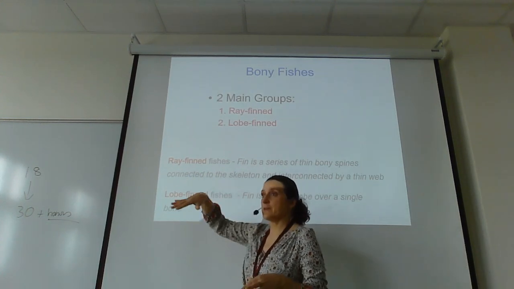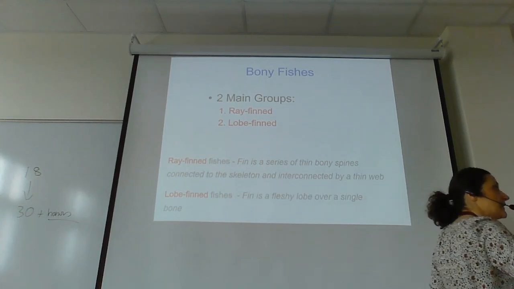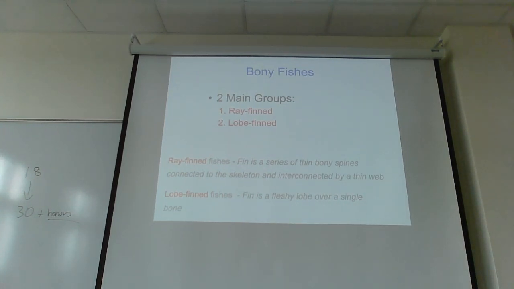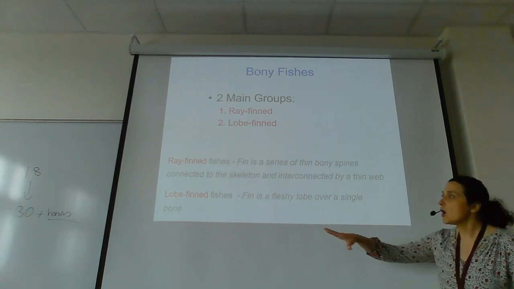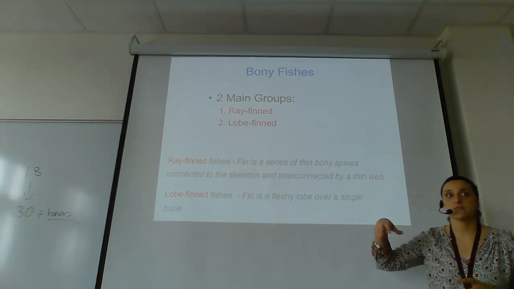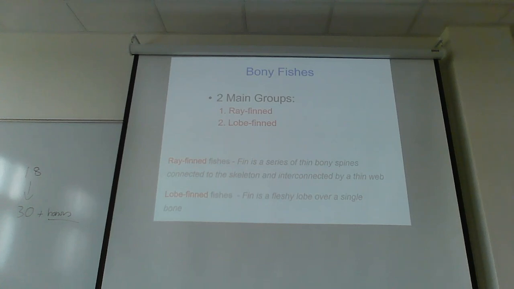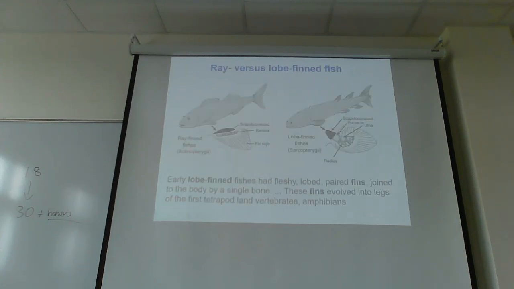In the ray fin fish, the fin, if you zoom it in, has a series of very thin bony spines, many, which are also interconnected by a thin web. A lobe fin is a fin that is very fleshy, has a fleshy lobe over a single bone. It develops over a single strong bone. And you have to know these differences very well for me.